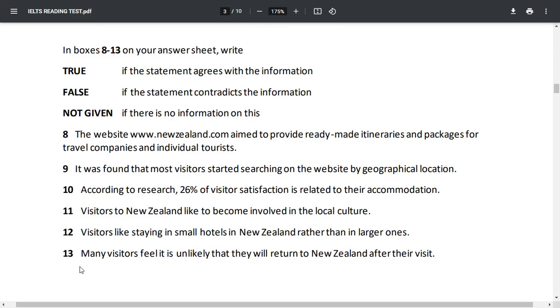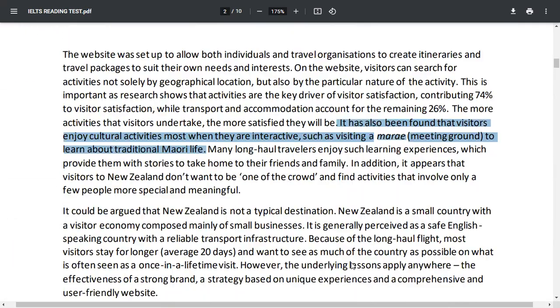Now for number 13: many visitors feel it's unlikely that they will return to New Zealand after their visit. As you can see, we have some keywords here, which are visitors, unlikely, and return. If we go to the final paragraph here, let me show you.